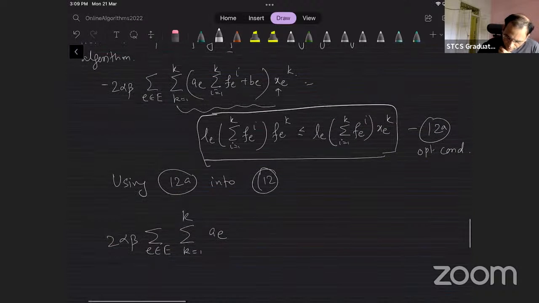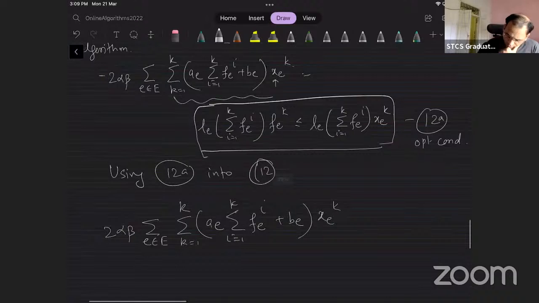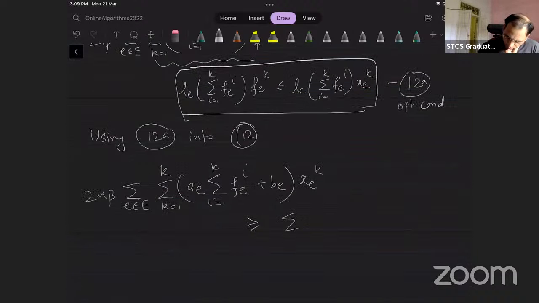Summation f_e^i, plus b_e, times x_e^k, by 12A is greater than or equal to 2 alpha beta, sum over e, k equal to 1 to capital K, summation f_e^i into f_e^k.